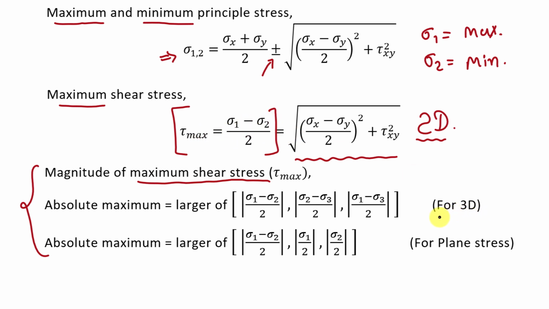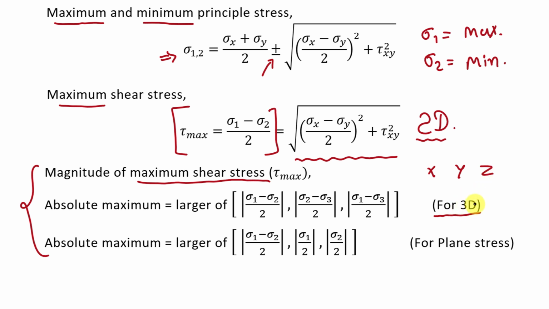But if there is a 3D loading condition, meaning we apply stress in the x direction, in the y direction, and also in the z direction, then that is the case of 3D loading.